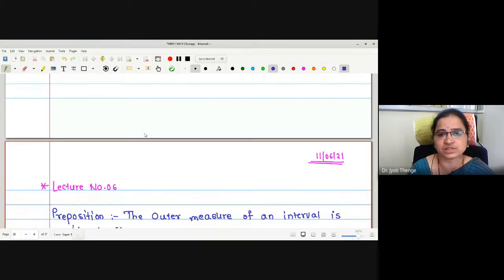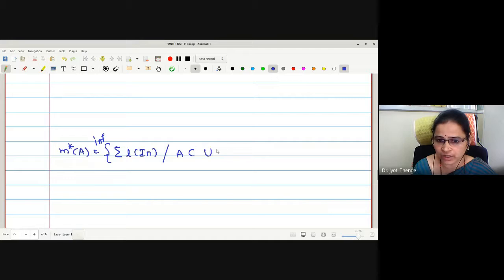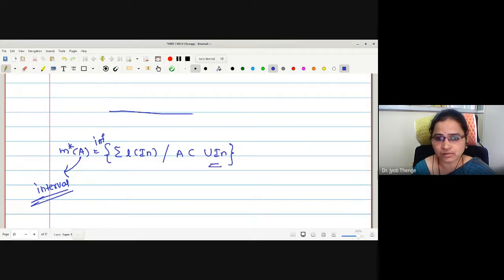Let us try to understand. What is n star of A we have defined? n star of A is the infimum of the summation of the length of In, where A is contained in the union of In. Just think, if A itself is an interval, then what kind of covering are we going to find?